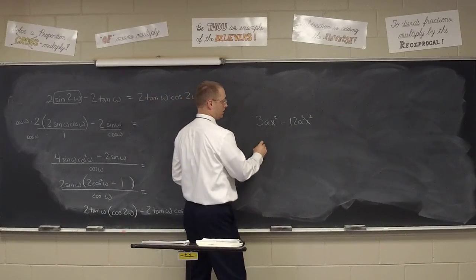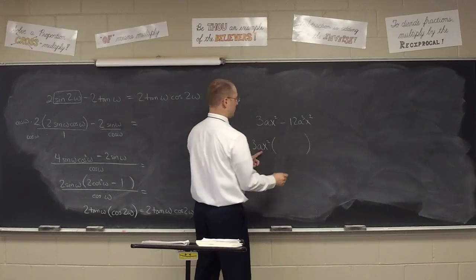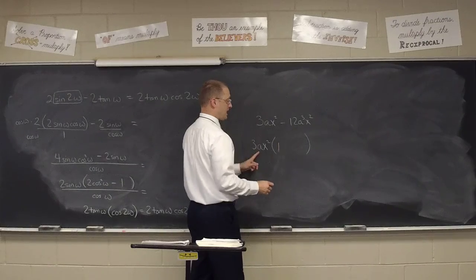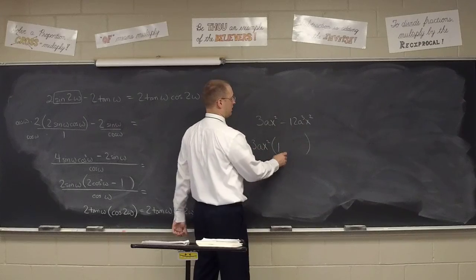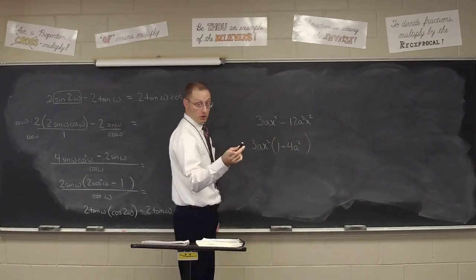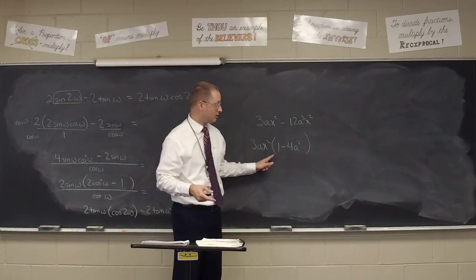An a and 2 x's, and a 3. Pull a 3ax squared out of a 3ax squared, and 1. Pull a 3ax squared out of a negative 12a cubed x squared, negative 4a squared. And by the way, while we're on the review note, Ethan, what is 1 minus 4a squared?